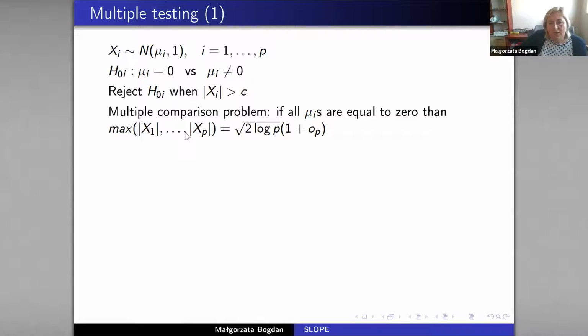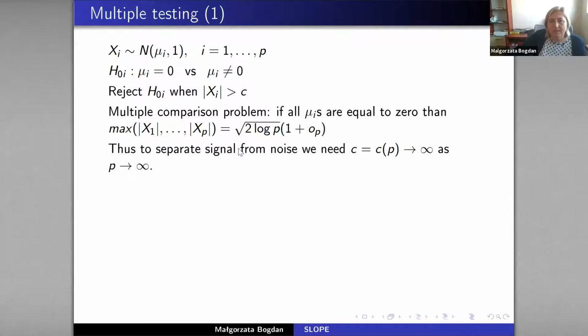So in the case when all your hypotheses are true, so all mu's are equal to 0, the maximum of the absolute values of your t-statistic will behave like the square root of 2 log p, where p is the number of tests. So if you want to separate the noise, so you don't want to identify that something is important when it is really not, you need to make your critical value increase with p. So when the number of tests, the number of genes you test for, is increasing, you need to increase this critical value.